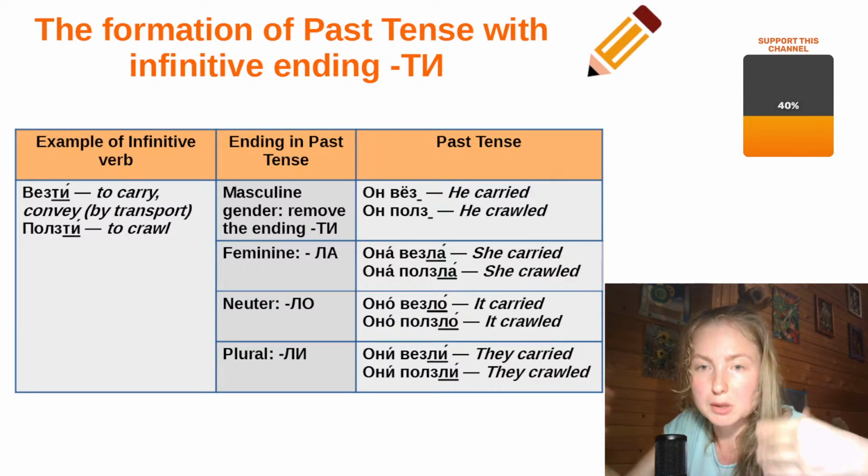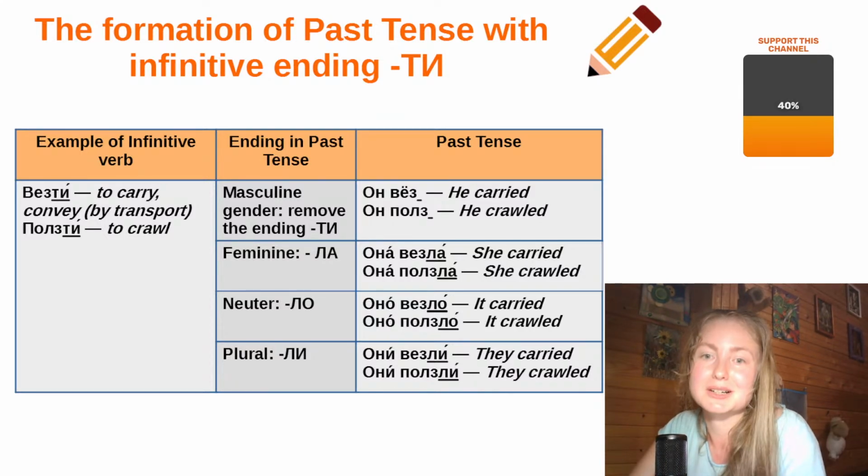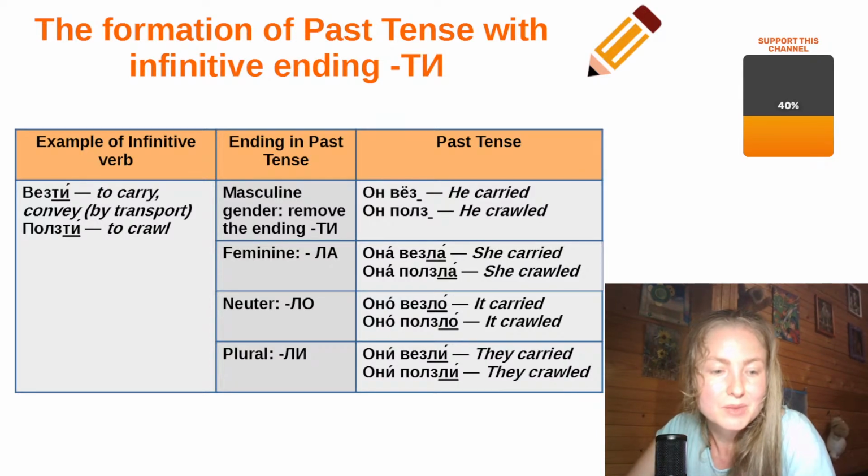When we produce a past tense, the letter е can be changed into ё, like он вёз. So it's possible in Russian language. If we work with such a group of verbs, е can be changed into ё. So don't be surprised if you meet other examples of this situation.